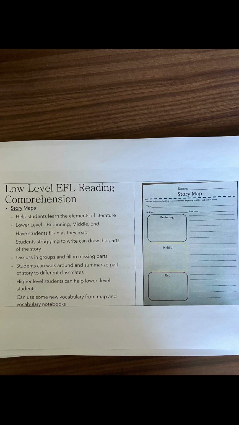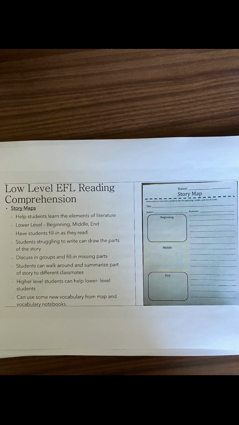Then you can have the students sit in groups and fill in any missing parts, discuss their story maps together and what was missed. Students can walk around, so then you're working those active learners and summarize part of the story with different classmates.